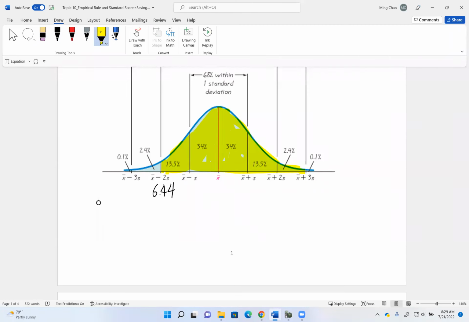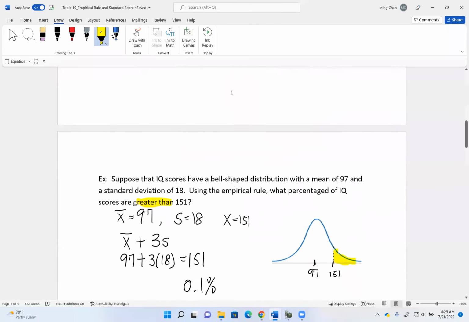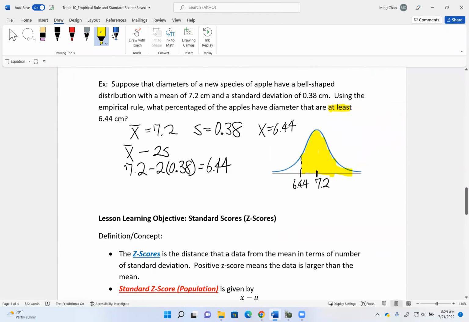What I don't want is to the left side of 6.44, which is 2.5%. This 2.5 comes from that 2.4 plus the 0.1 to the left.